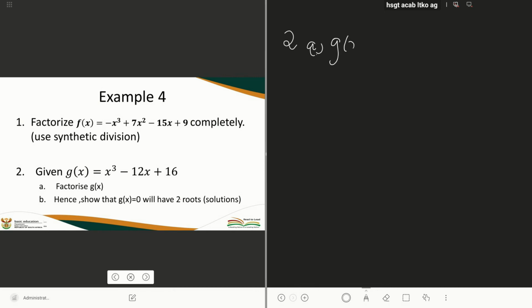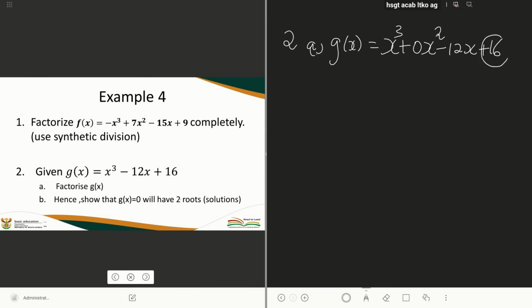So g at x is equal to, still, we don't have all the terms here. So it's x cubed. You don't have the term x squared. So we need to say plus 0x squared. You need to ensure that the coefficient of the missing term is 0. So minus 12x plus 16.